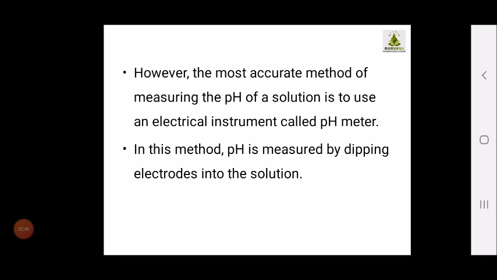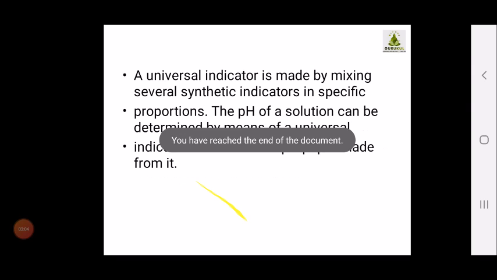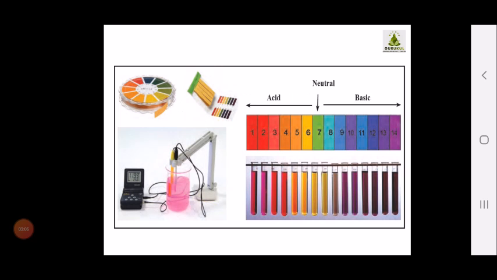So the most accurate method of measuring the pH of a solution is to use an electrical instrument called a pH meter. In this method, pH is measured by dipping electrodes into the solution. See, I'll show you. Our instrument is shown here and a pink colored beaker is there.